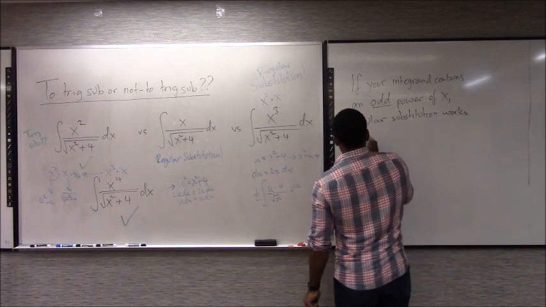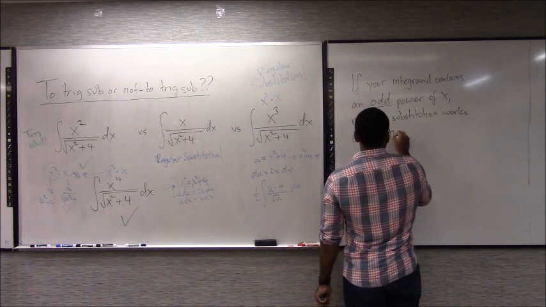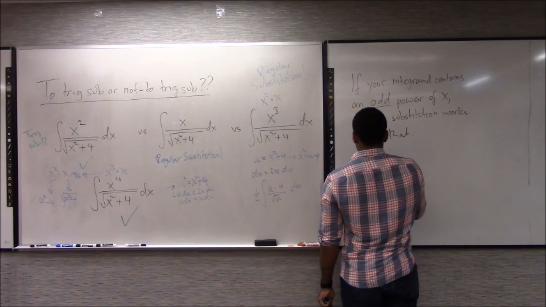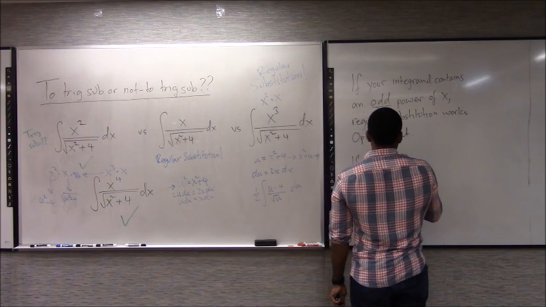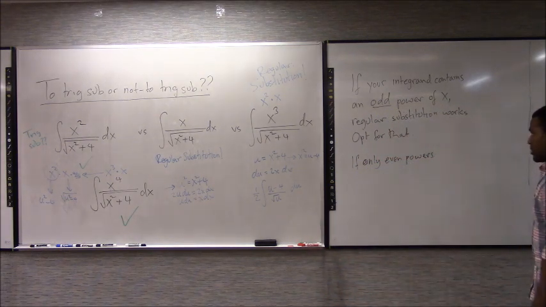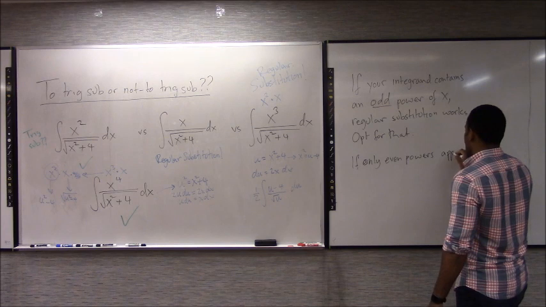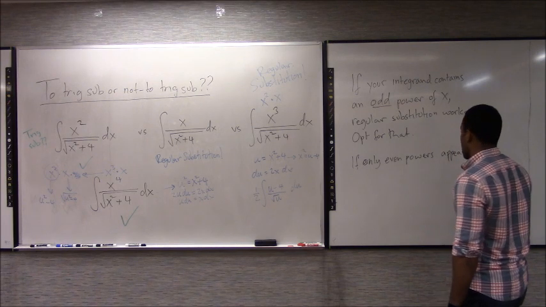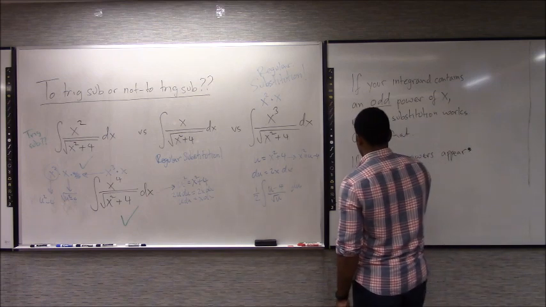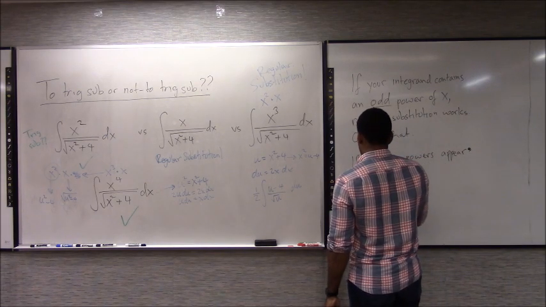Opt for that. If only even powers appear, then what's going to happen is you'll always have this extra variable left over after a regular u sub, in trig sub.